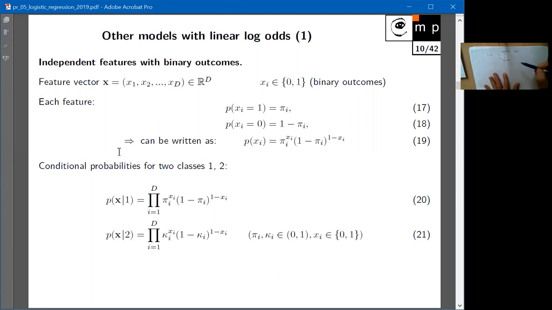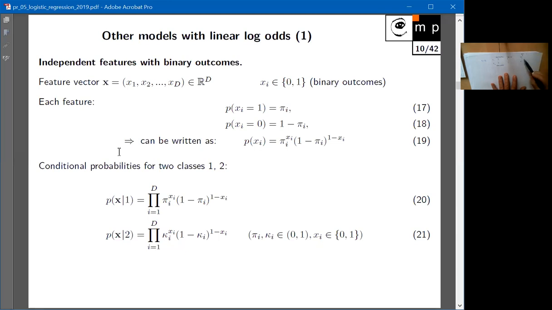Yeah. So it's quite likely, probably obvious, that we'll call, let's say class 1 will be women, that we'll call pi the probabilities for the first class, and kappa will be for the second class. So pi 1, this one refers to feature, not to class.